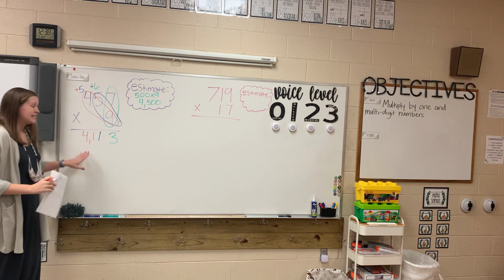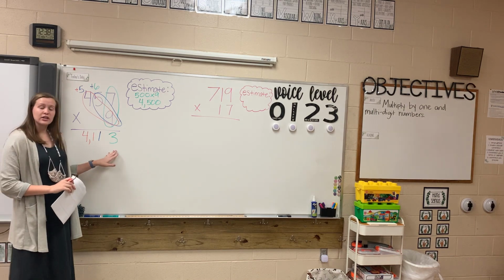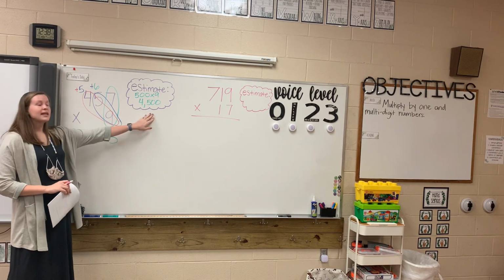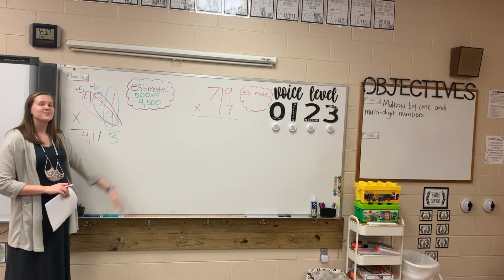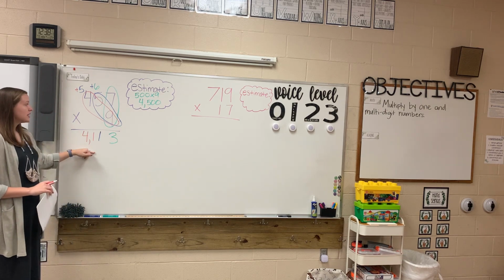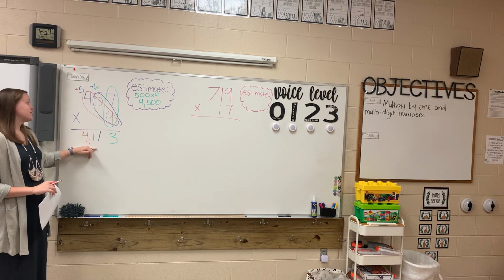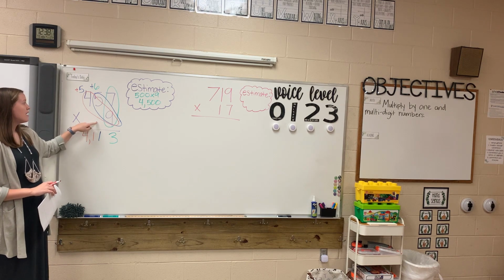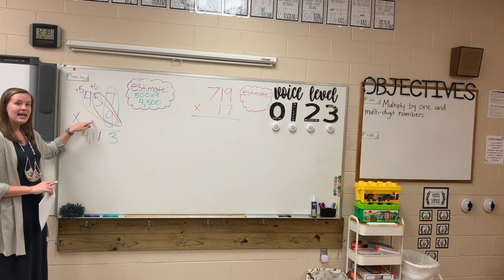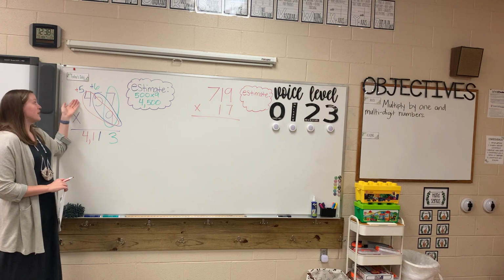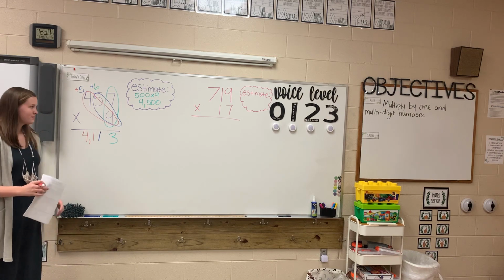So our answer is 4,113, which is pretty close to our estimate, right? Awesome job. If you ever want to check your work, you can divide your answer by one of the numbers you multiplied by, and your answer should give you the other number in the multiplication problem.